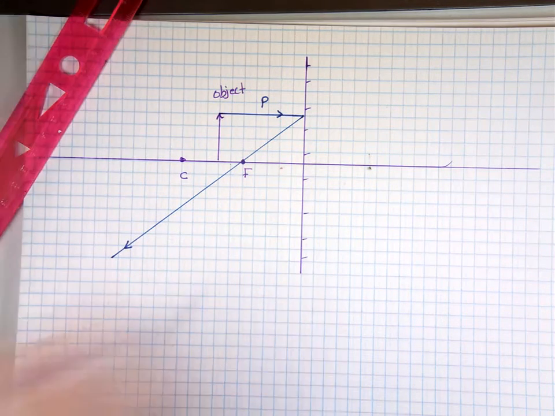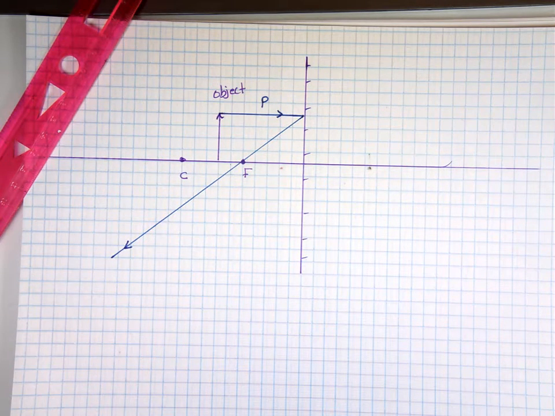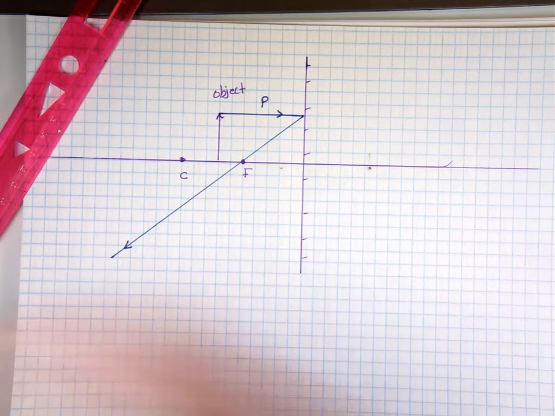That's a reflection of it. The correct word really is reflection, not deflection. Deflection means you continue going straight, but you bend. This one reflects.